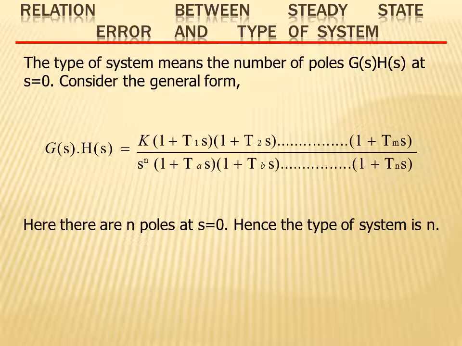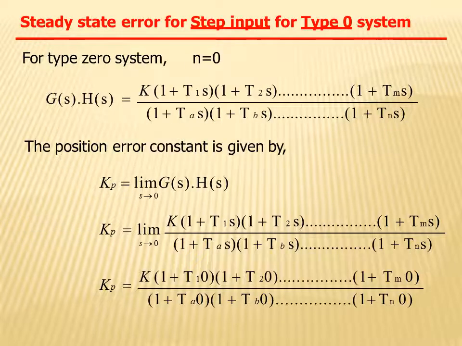If it is S raised to 0, you will not observe the S term here, because S raised to 0 is 1, then it is called a type 0 system. So the type of system depends on the number of poles in G(S)H(S) at S equal to 0.